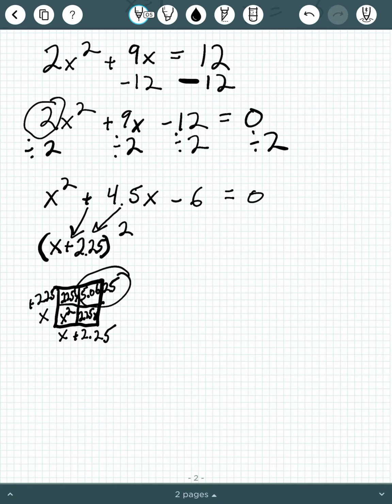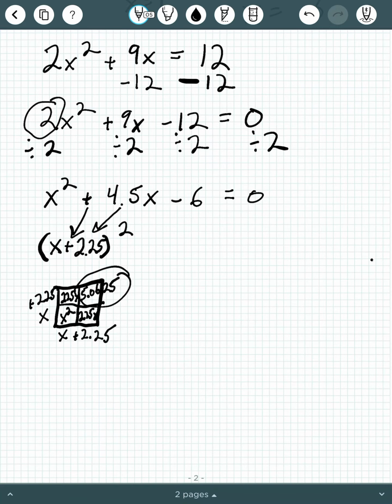And that's the value that we really cared about, because that is what we created inside these parentheses, even though originally it was minus 6. So we have to go from positive 5.0625 to negative 6.